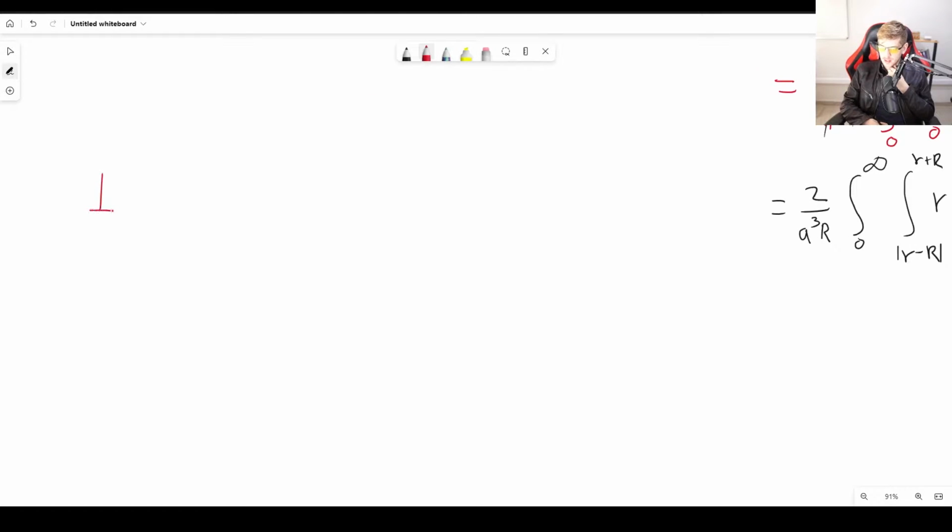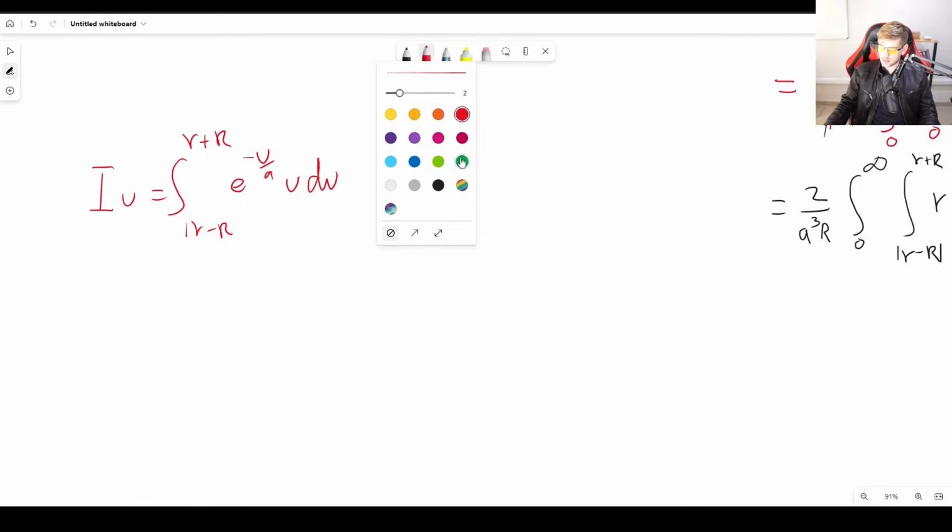So I_u, this is the integral from the absolute value of r minus R to r plus R of e to the minus u over a u du. Okay, so what is that integral? Well, we can solve this by using integration by parts.